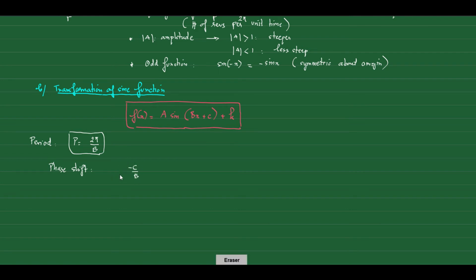This is the horizontal shifting. If the x value is positive, we shift to the right, and if negative, we shift to the left, so it depends on the c and b values. And the k value is the vertical shifting.